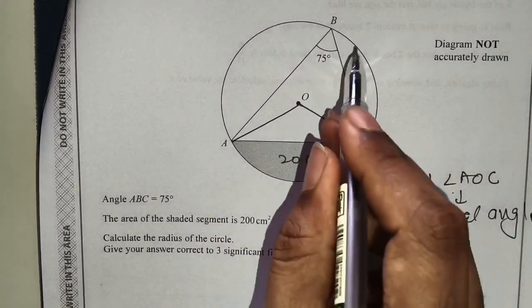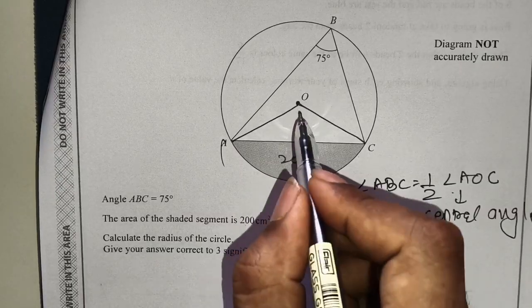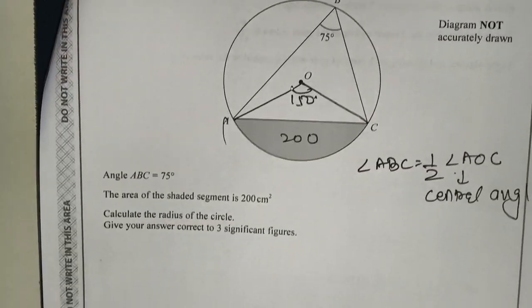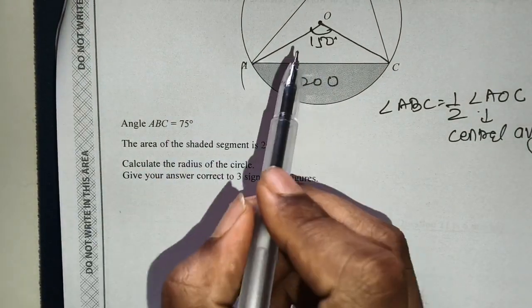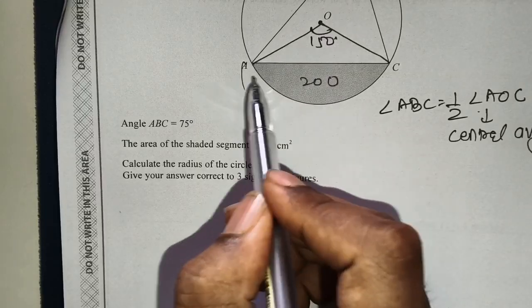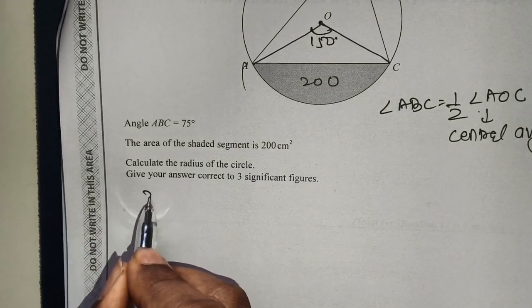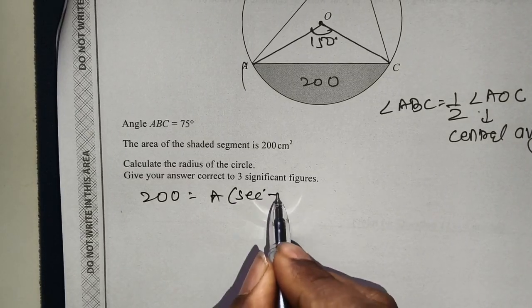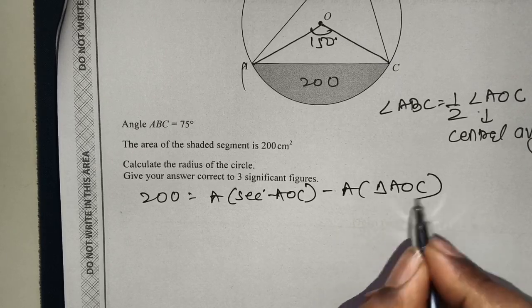So we know that this arc is half of this whole AC arc segment, and the central angle is going to be 150. Now I know what the area of the shaded region is. It is nothing but area of sector AOC minus area of triangle AOC. So 200 is equal to area of sector AOC minus area of triangle AOC.